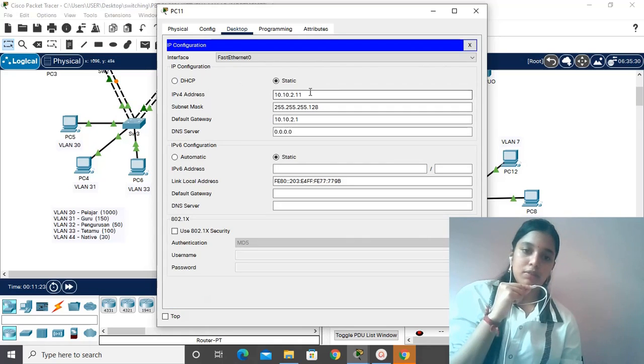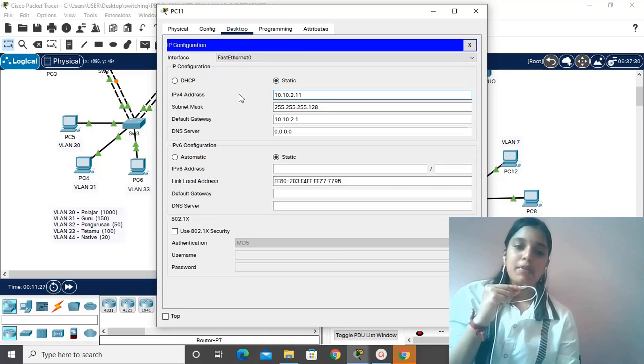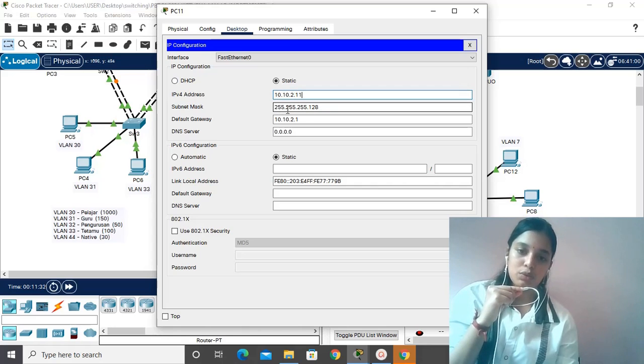The example that I give for PC11: IPv4 address 10.10.2.11, the subnet mask that I wrote is 255.255.255.128, and the default gateway for PC11 is 10.10.2.1. We should write the IPv4 address for all PCs given in the table. This is one example that I give.